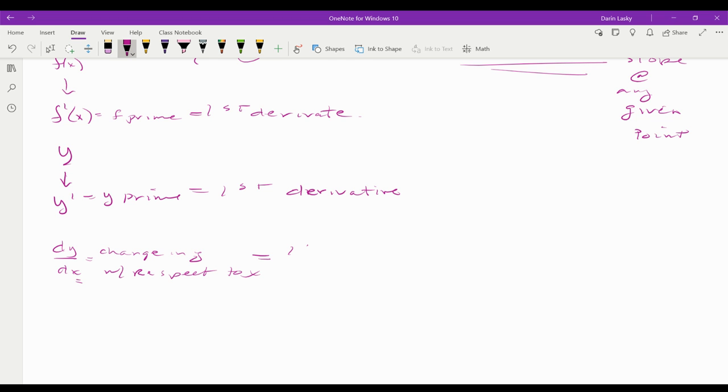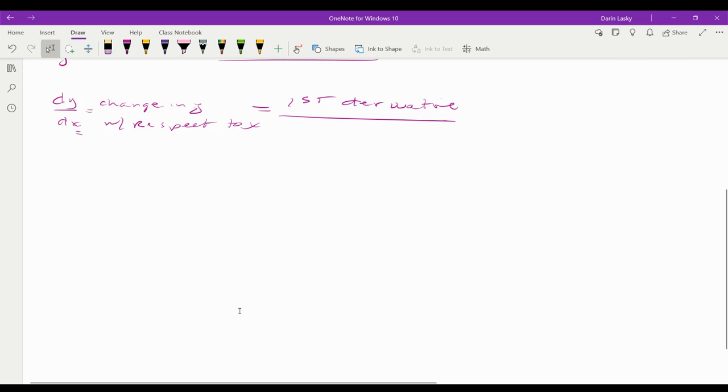And that is also considered the first derivative. You have multiple ways that you can write this. The first derivative can be f prime of x, y prime, or dy over dx. And you're going to use all of these different terminologies, so just get used to that.